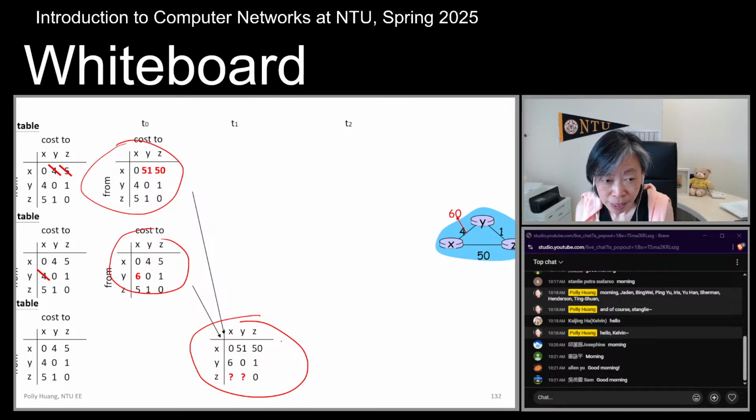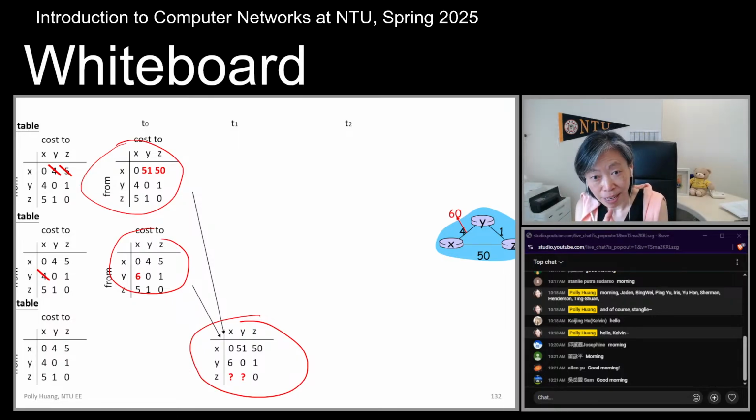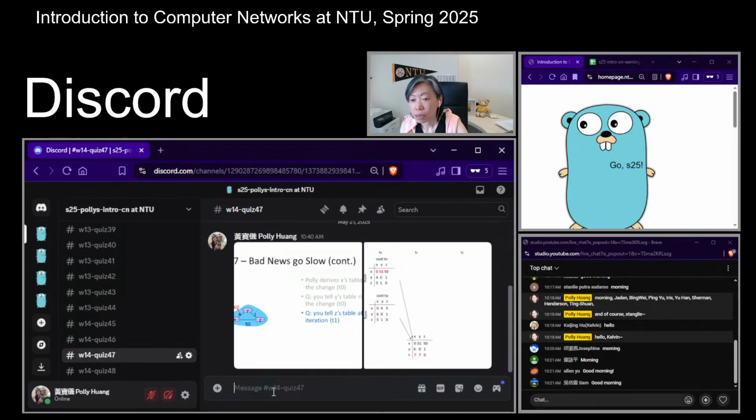And for this one, I think many of you get the point already, so let's reduce the computation time. How about 8 minutes this time to work on quiz 47? So let's go to the Discord space, channel quiz 47. Guys, you have 8 minutes, and let's start counting time.